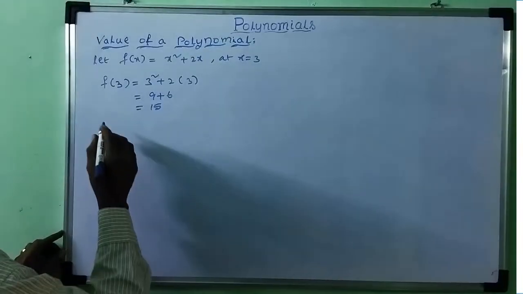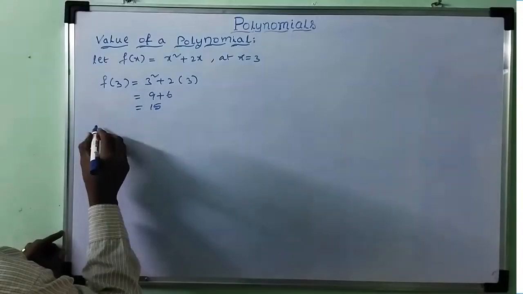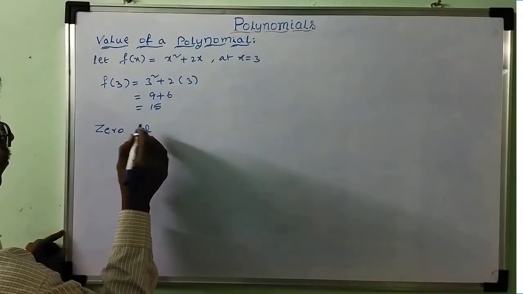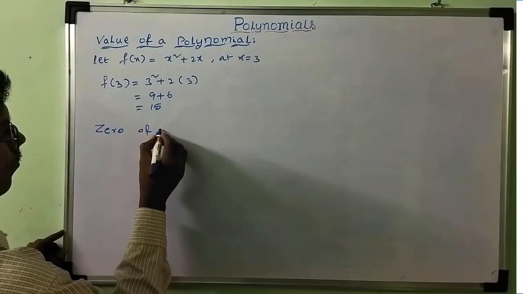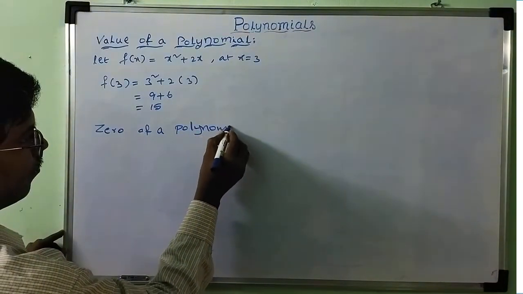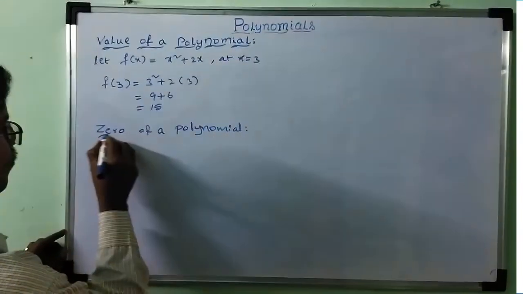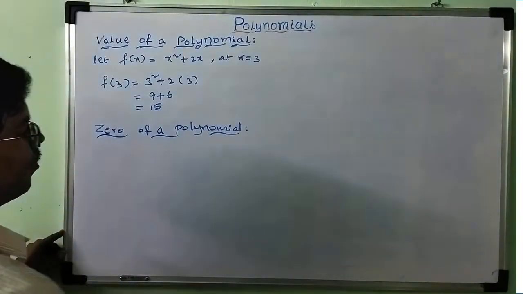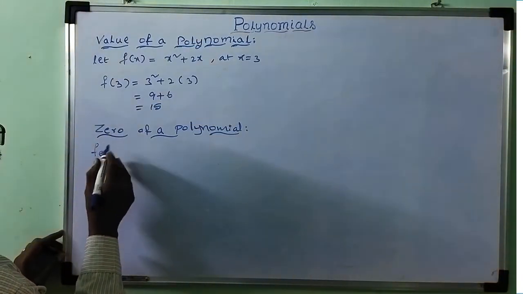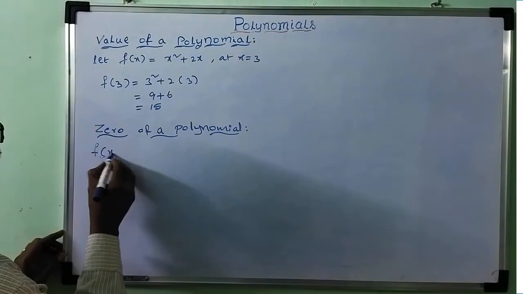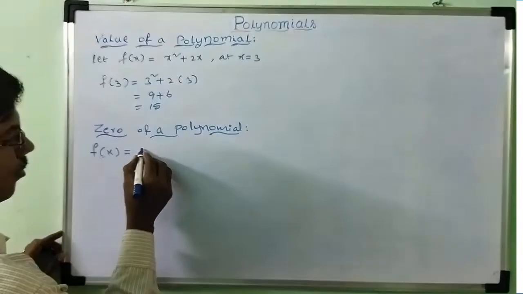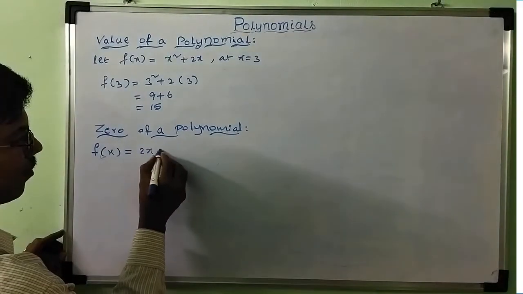Now, what is the zero of a polynomial? Let f of x equal, I am taking f of x as 2x plus 5.